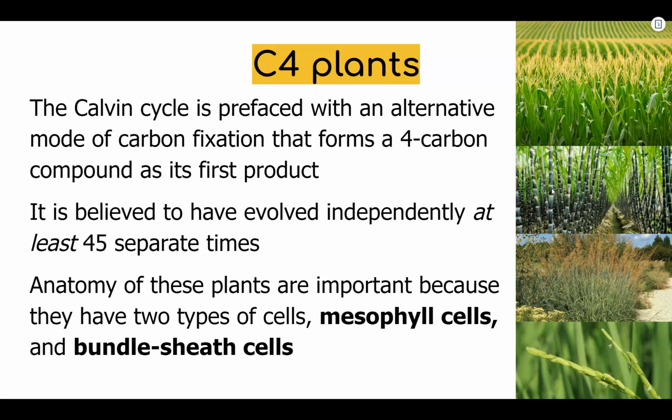It means as this branched off evolutionarily, and we'll talk about cladograms when we talk about evolution, that this C4 process, this alternative carbon fixation, popped up on its own. Meaning a common ancestor didn't have it and pass it down to all of these different types of C4 plants. These C4 plants came up with it on their own. At least 45 different plant species evolved to have this process.